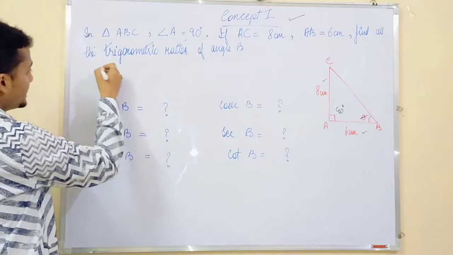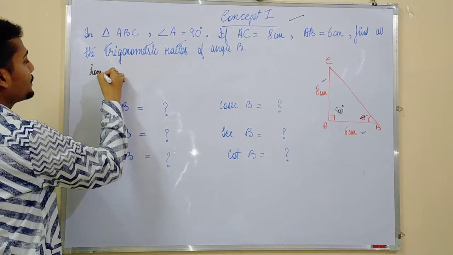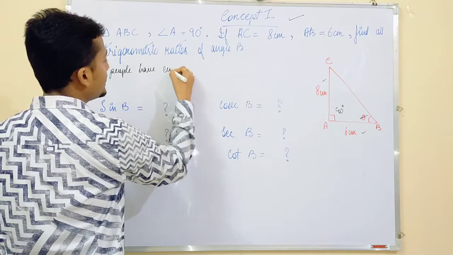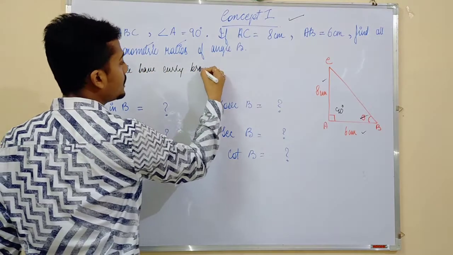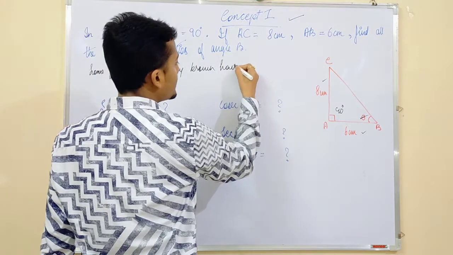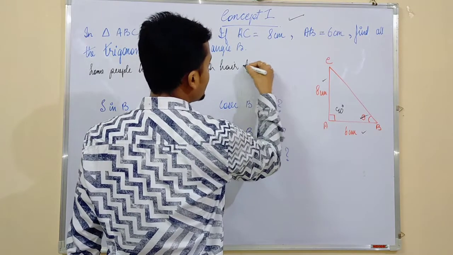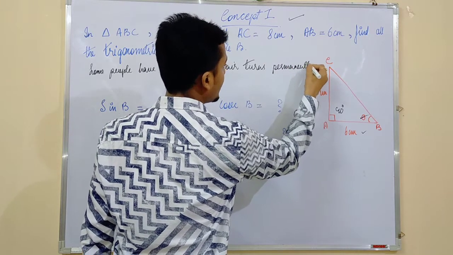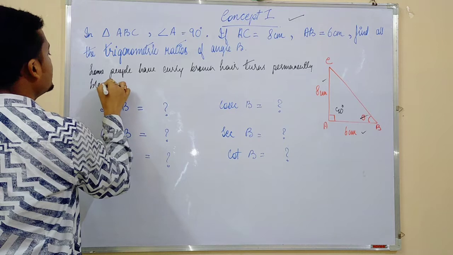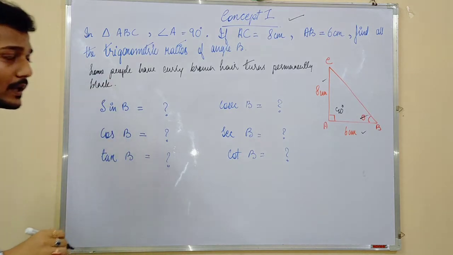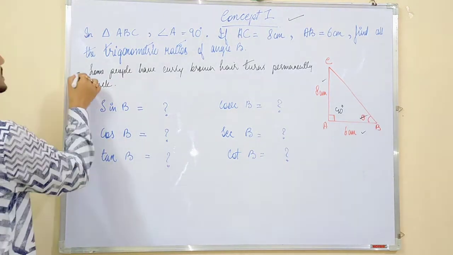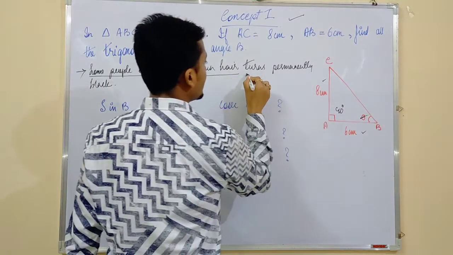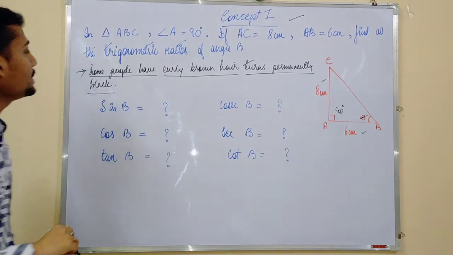I am writing this part. Now this particular line you don't have to write anywhere. This is not part of your solution. It is just for the sake of understanding and learning.